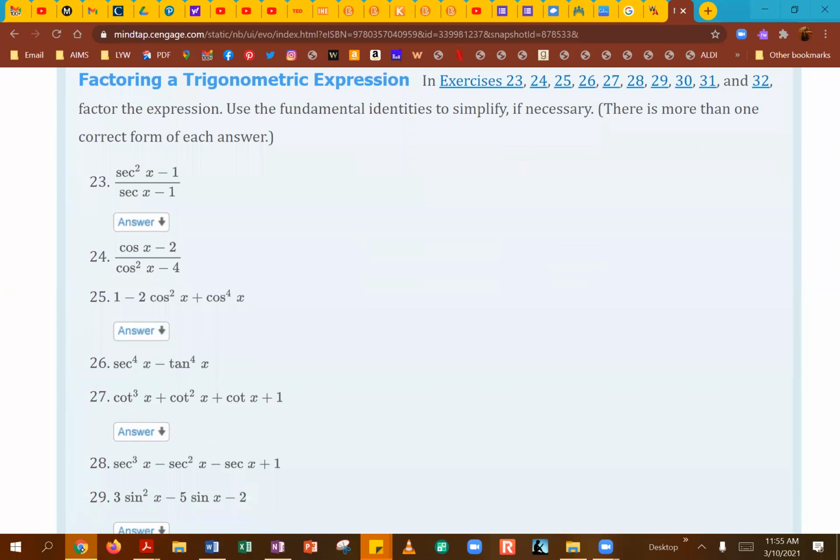This one is asking us to factor and use the fundamental identities, and as you can see, they're again telling us there can be multiple different correct forms of our answer. So we're looking at number 26, which is secant of x to the 4th power minus tangent of x to the 4th power. Let's take a look at what we will do.